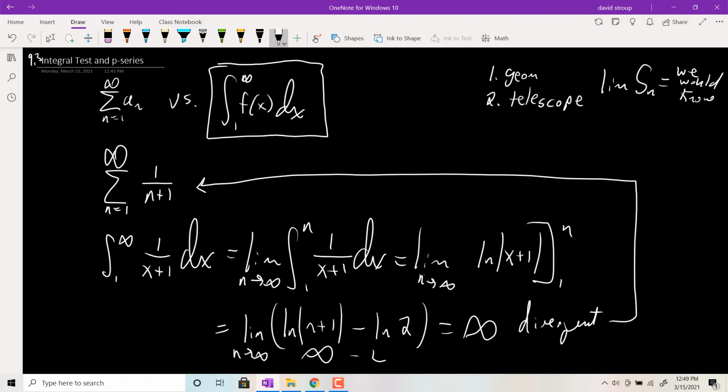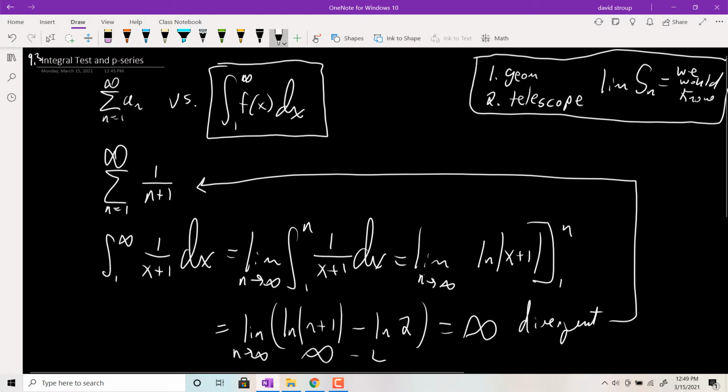Generally, you won't be able to find the exact sum. You'll have to do some sort of approximation. These geometric and telescoping are the only instances where we'll be able to figure out the sums exactly, because we'll be able to figure out the S sub n formula and then take the limit. Okay, so that's the idea in a nutshell.